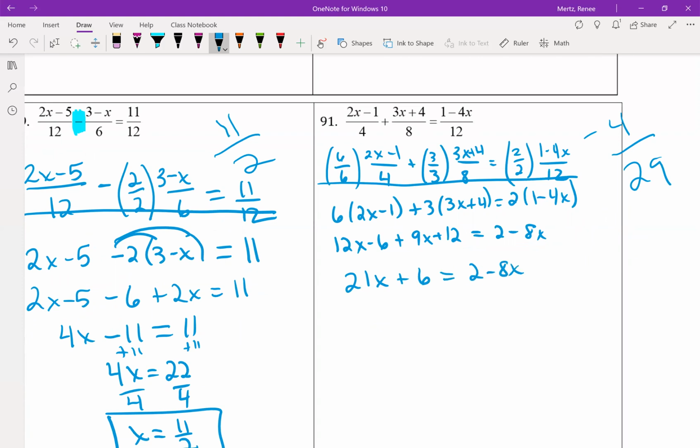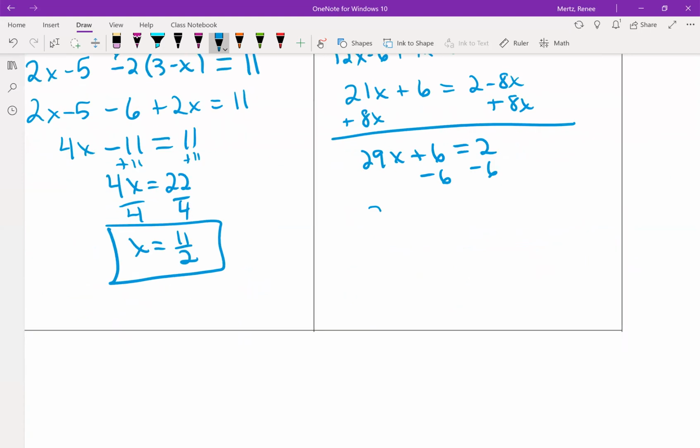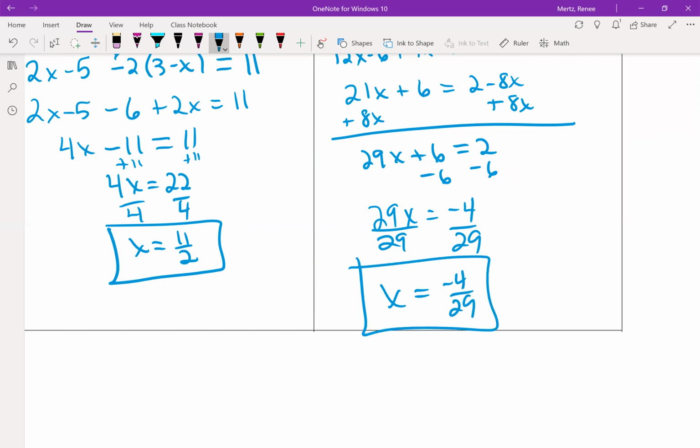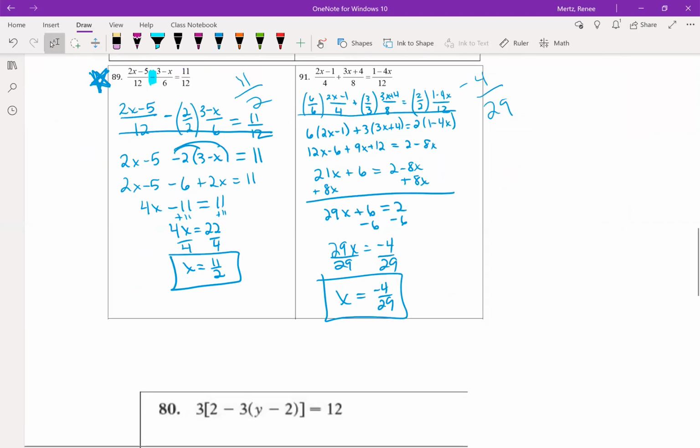Get x's on one side, numbers on the other. So I have a 29x plus 6 equals 2. Subtract the 6. I get 29x equals negative 4, excuse me, divided by the 29. X equals negative 4 over 29. Awesome job. That check would be super nasty, so we don't necessarily want to do it.